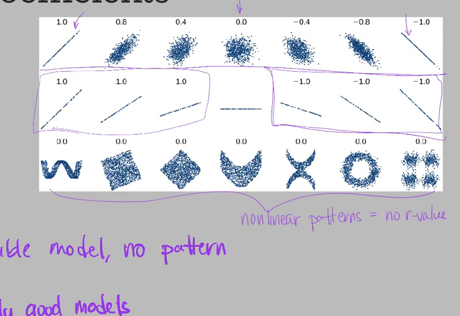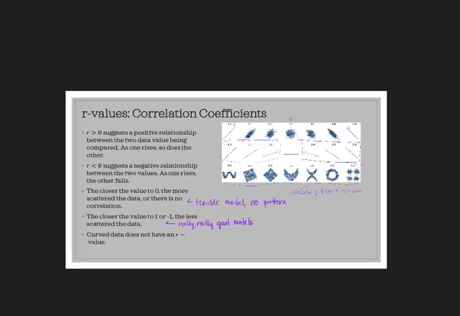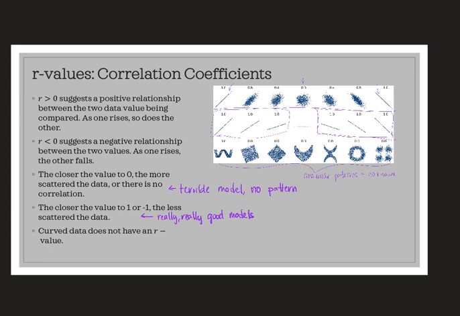Now, there is a similar measurement that we use for nonlinears. It is not an R value. When we are working in a nonlinear fashion, we tend to use a different calculation, and we'll talk about that in 6.8 very briefly. But an R value is only for straight lines. Okay? Sorry.